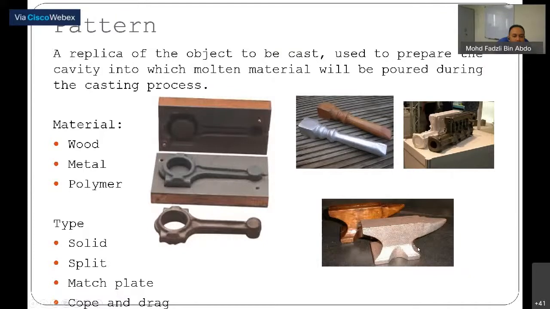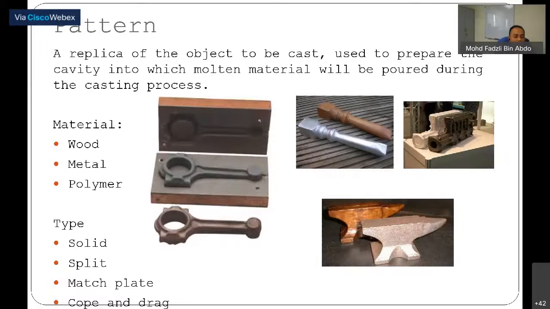These are examples of patterns. The pattern is used to make the cavity. And then this cavity we fill with the molten metal. When the molten metal fills this cavity, then it is called the product. This is the pattern, this is the product. Alright. Basically, the material for the pattern is made from wood, or metal or polymer.